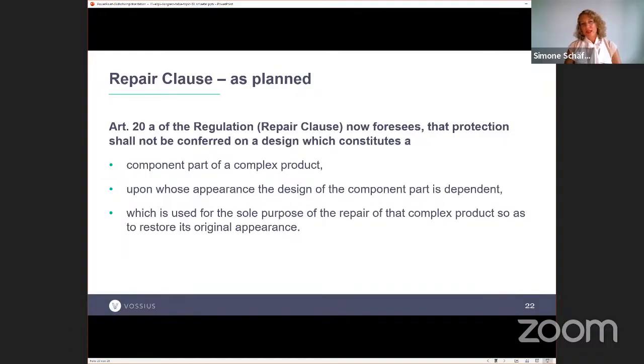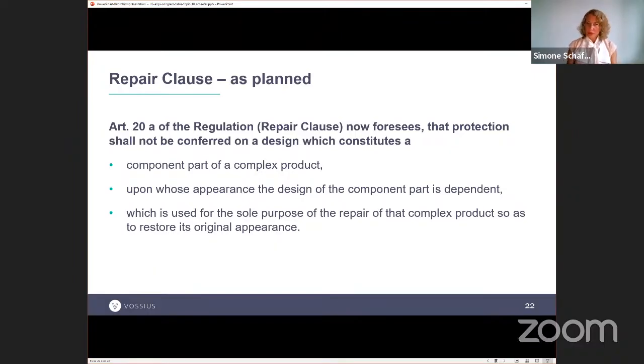And the earlier so-called freeze plus clause, Article 110 of the regulation, is now intended to become a final provision within our new Article 20A of the regulation.